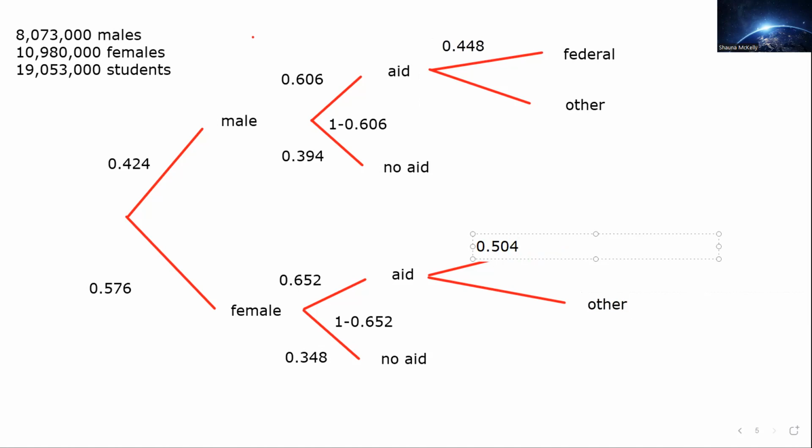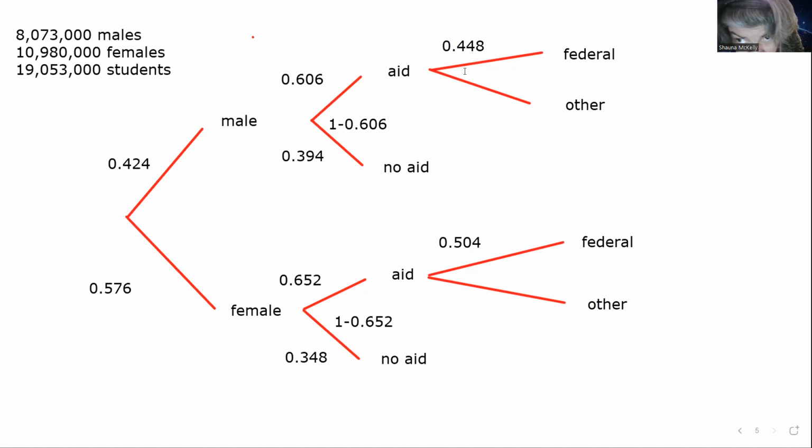Okay, I'm going to drag it over here. All right. So now I can fill in this bottom if I want, because remember, they have to add up to 1.